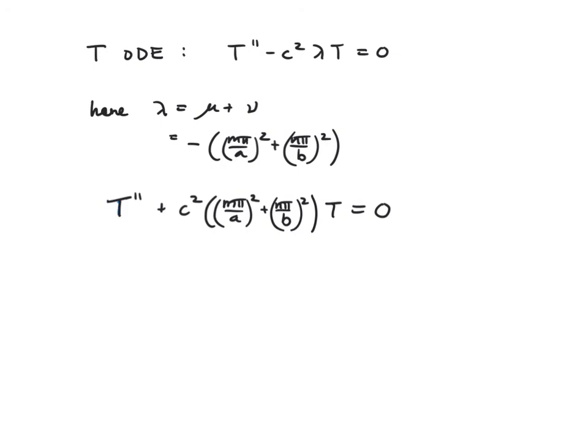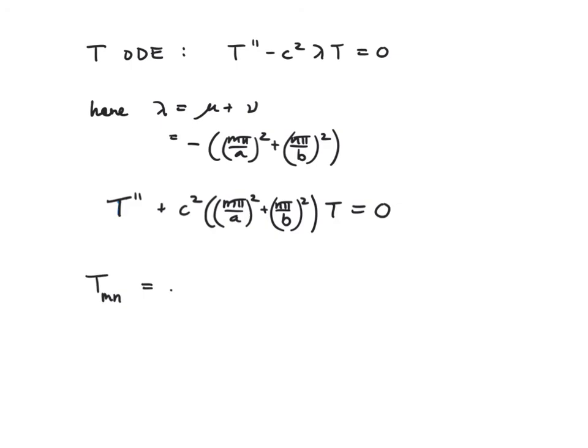I'm going to note that this ODE has a different solution depending on the value of m and n, so I'm going to write the solution form as T sub mn. If I vary one or the other, then I obtain a slightly different ODE. What do I get? Well, I get some constant in front of the cosine and a constant in front of the sine.